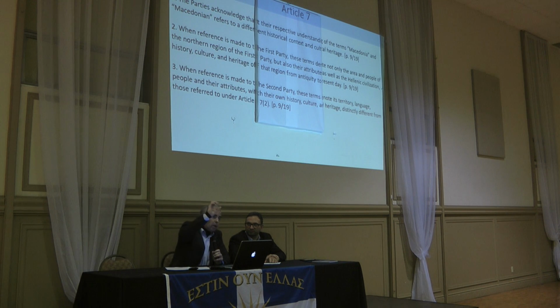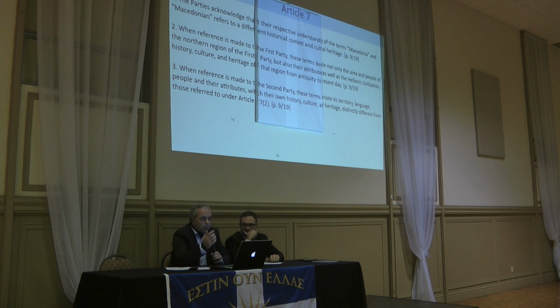And because we have a region with a name, we have to avoid the name of this region and mention just northern region of the first party. Okay. It's, in fact, unbelievable that some Greeks can sign this, but it's only for Greeks.